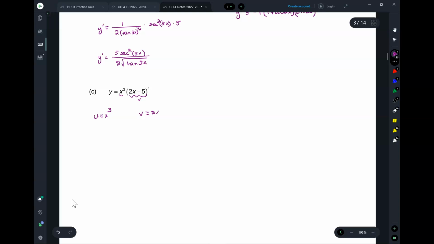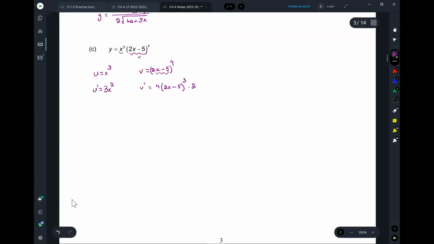V is 2x minus 5 to the power of 4. Fabulous. U prime, small potatoes. This is what we were doing last chapter. 3x squared. Okay. V prime, 4 comes down, 2x minus 5 cubed, times the derivative of the inside, which is 2.